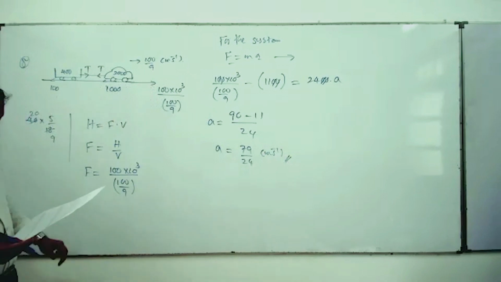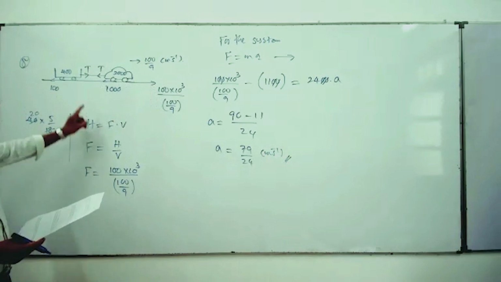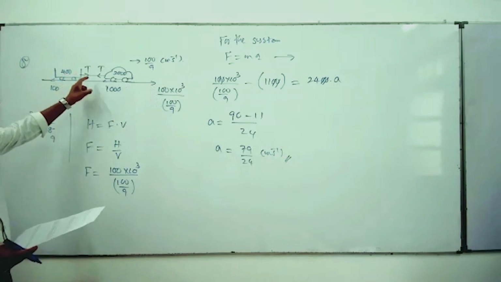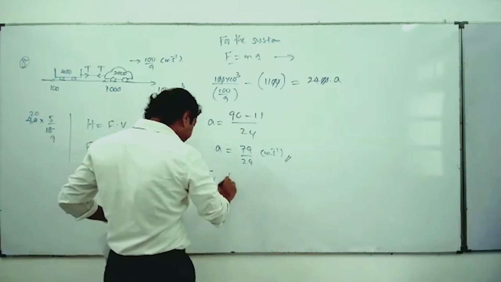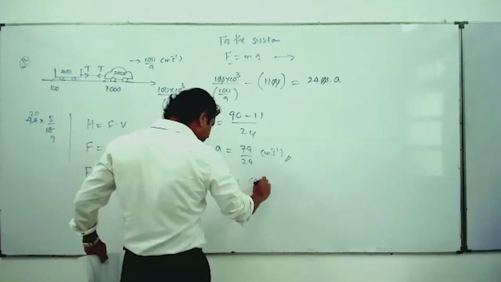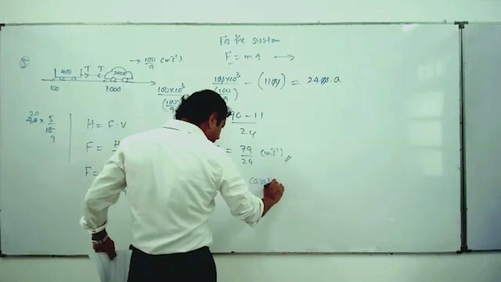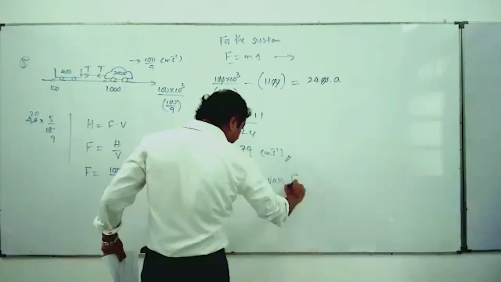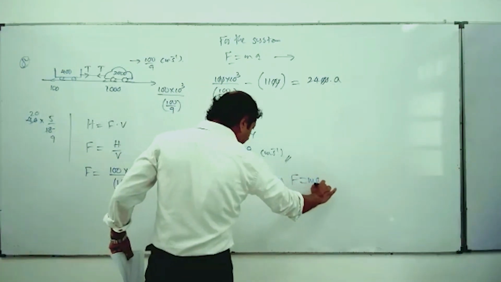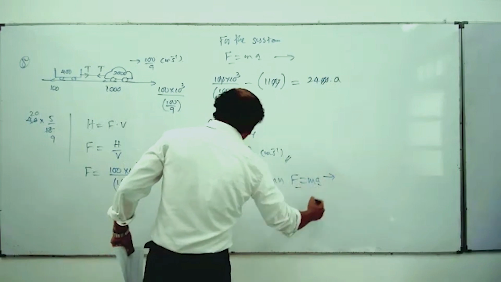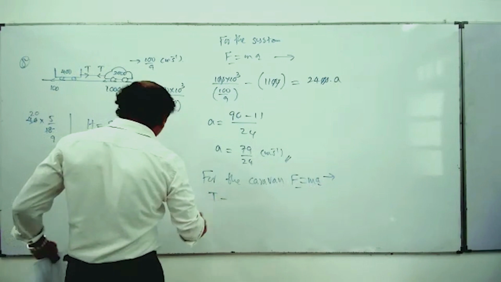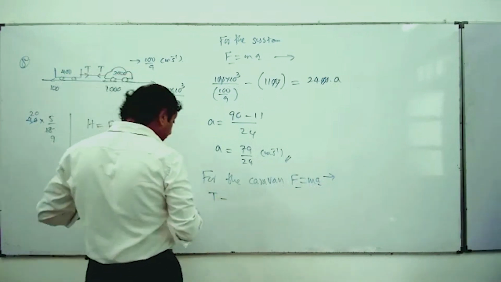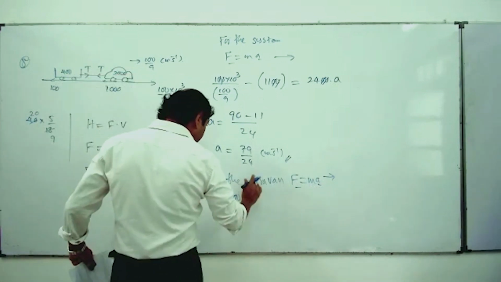At this moment, find the tension in the rope, the tow rope. For the caravan, now apply F equals MA rightward. T minus 100 is the force.